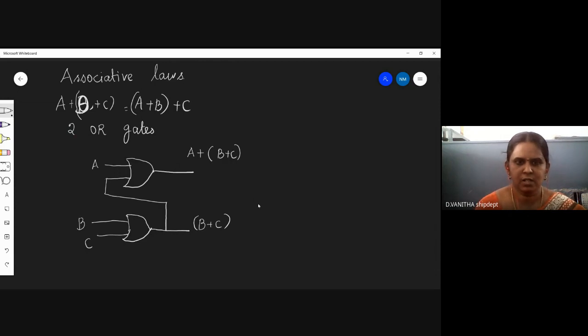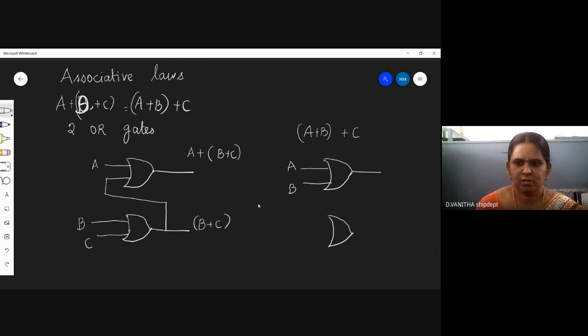For the right side equation, I'll draw that. This is for A plus B plus C. This is A, B. So here we are getting A plus B. Then you have to take another OR gate.